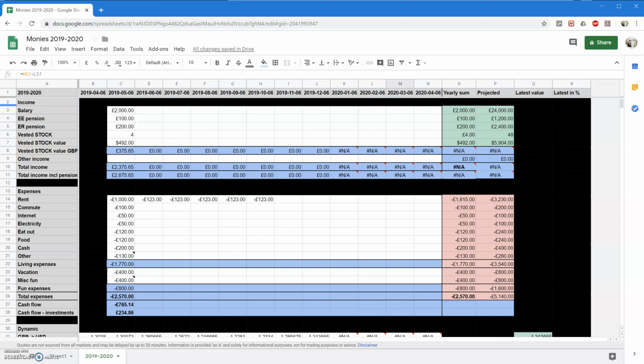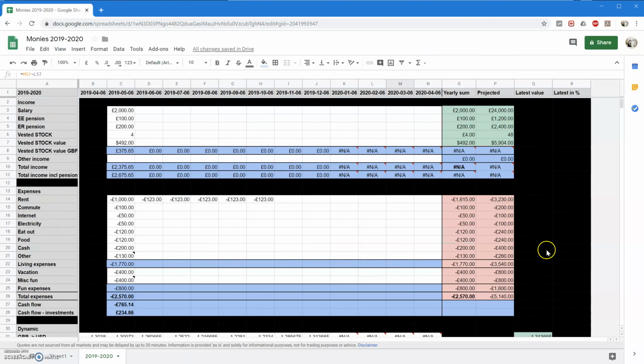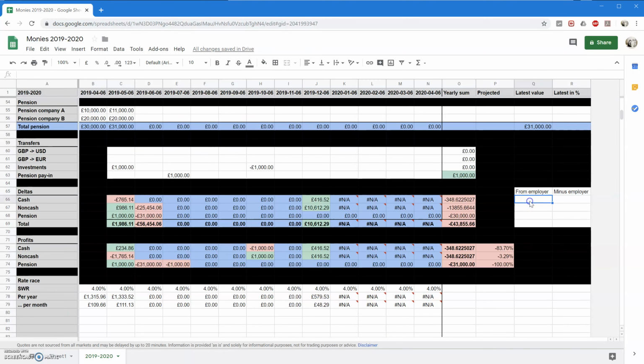So let's call it 2 and 8. At yearly sum 2 and 8. Yeah, let's correct this value actually. There. So we have 2 and 8.